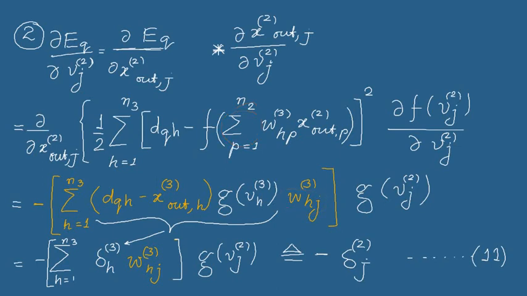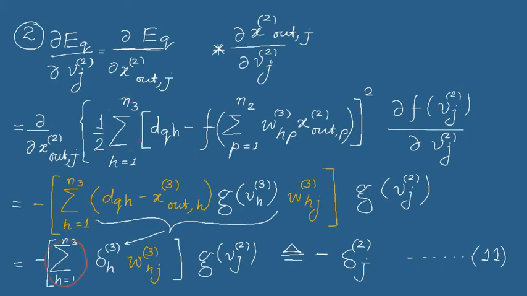Now this term we have seen earlier, this term is going to be delta h superscript 3. This derivation we have done earlier, and w_hj, this term is there, and this summation will be with us because it is the outer summation.